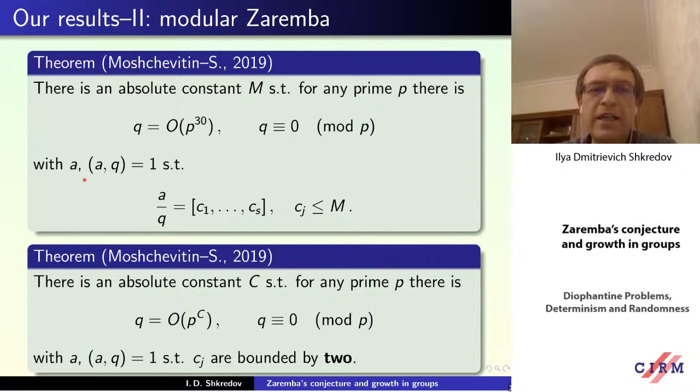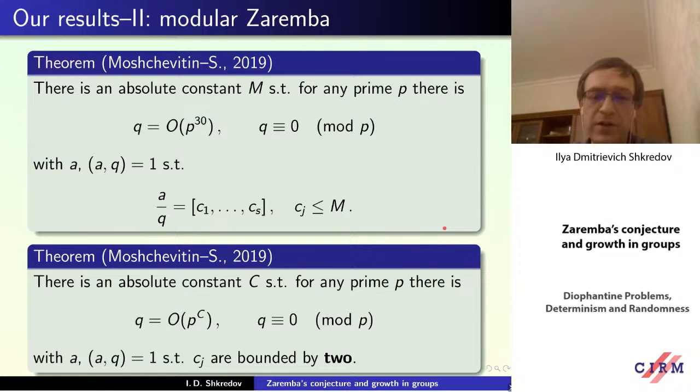Then I can find a, which is comparable with q, such that all partial quotients of a over q are bounded by some constant M. So once again, for any p, I find q which is comparable with p, and all partial quotients of a certain a over q are bounded by M. Moreover, we proved with Nikolai Mashiritin the following result about partial quotients bounded by 2.